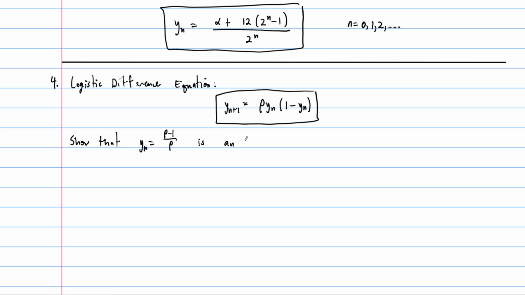Show that this is an equilibrium solution. Remember, equilibrium solution means that when you plug this in, you should get that y sub n plus 1 is equal to the same thing, right? Equilibrium means not changing. So take a moment, plug in this formula, make sure you get the same thing, and then check back and we'll finish this lecture off together.